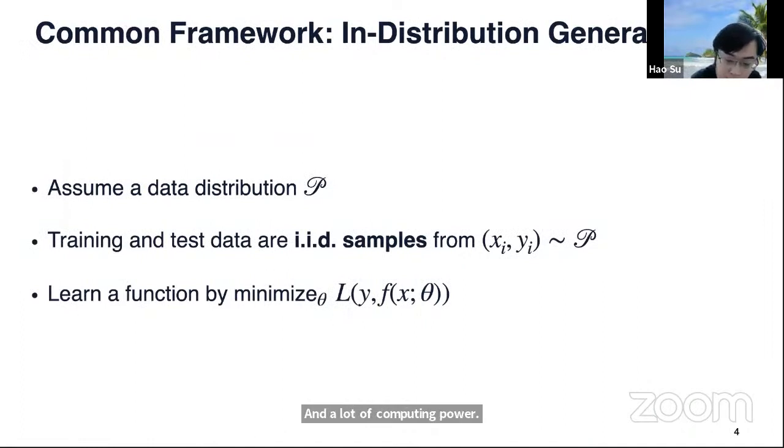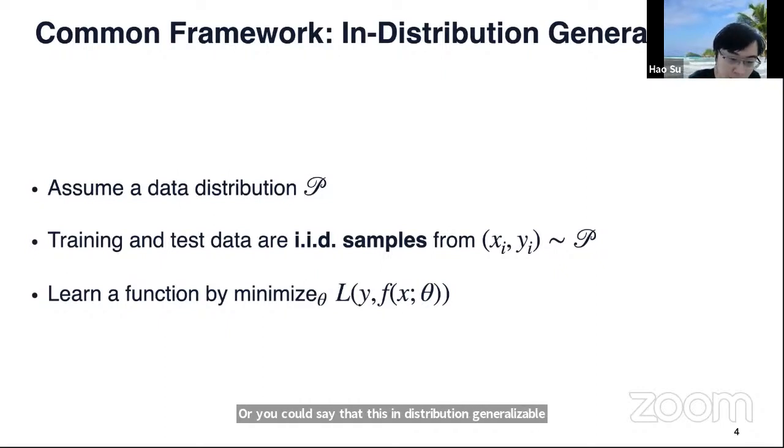We could roughly say that the success of those machine learning approaches is under the assumption that the training and test data are sampled from the same distribution. We could say that this is the in-distribution generalizability setup.